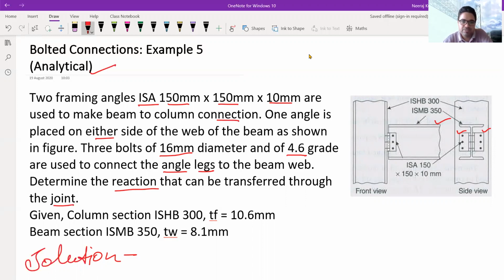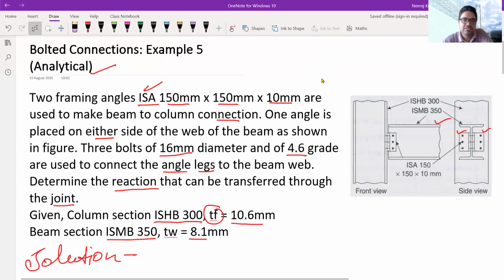Other dimensions are also given here, like the column section, which will be ISHB 300, and TF is the thickness of the flange of the column, which is 10.6 mm. Similarly, the beam section will be ISMB 350, and TW is the thickness of the web, which is 8.1 mm. Well, first we will try to understand this terminology.